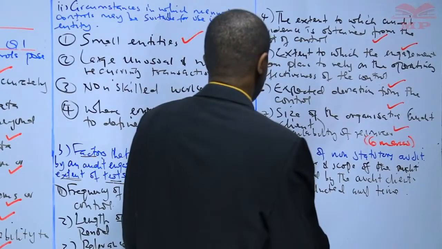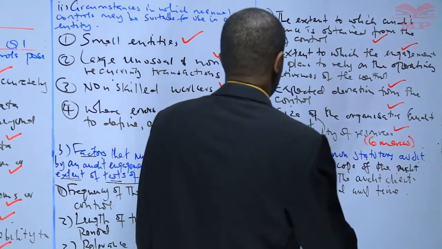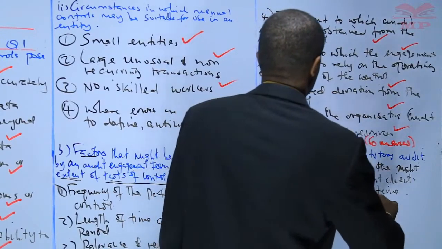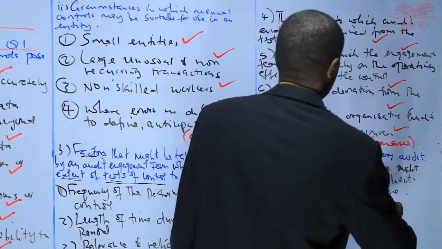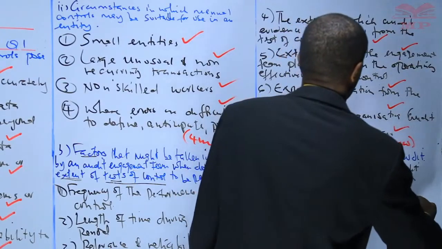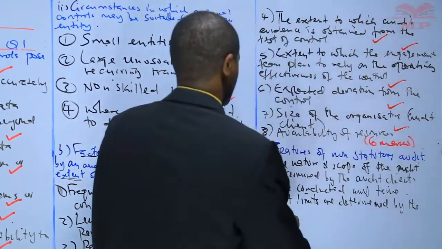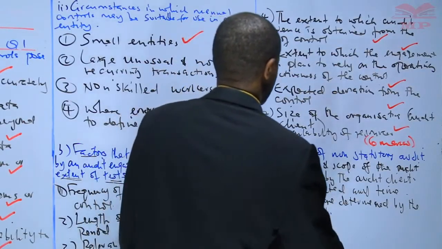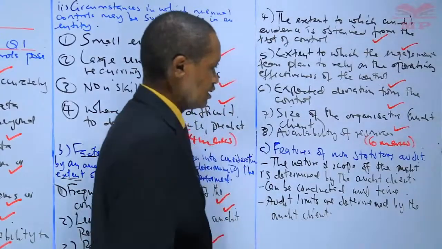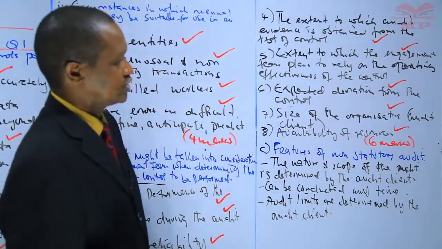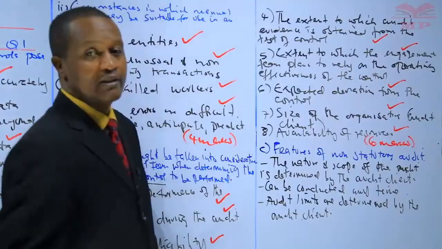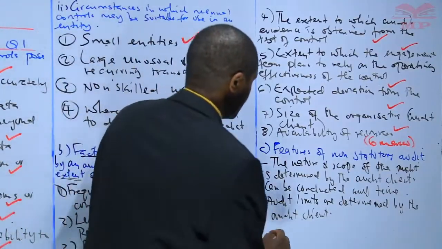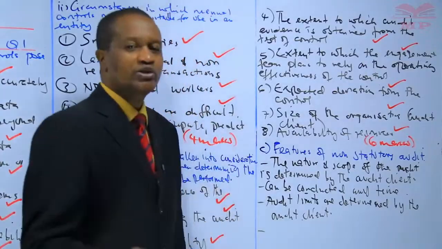Audit limits are determined by the audit client, as opposed to statutory audit, where the limits are set by the law.